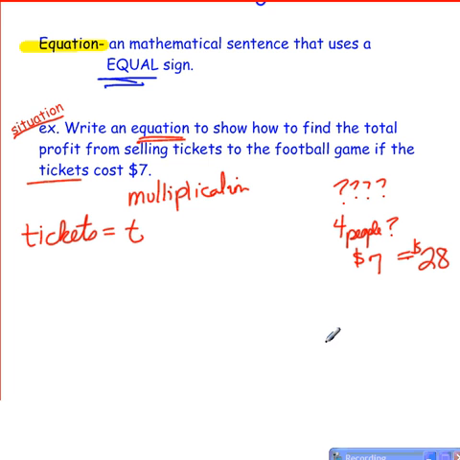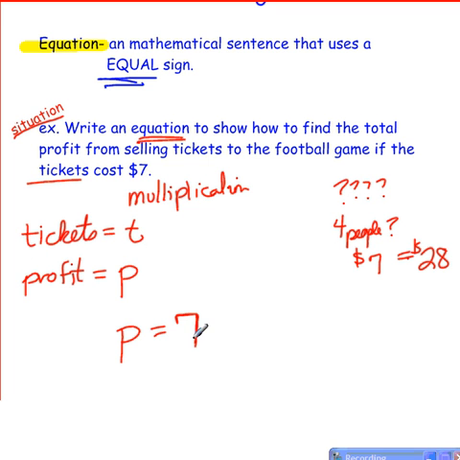I also notice in here I'm finding the total profit. So the amount of money that the gatekeeper takes in, I'm going to say that is P. So the profit is my total. And I know $7 is how much a ticket is, depending on how many people come or how many tickets I am purchasing.